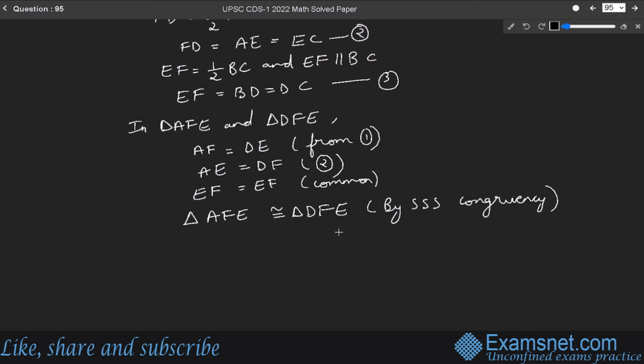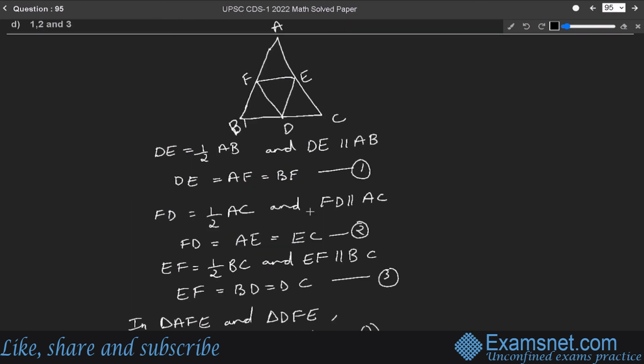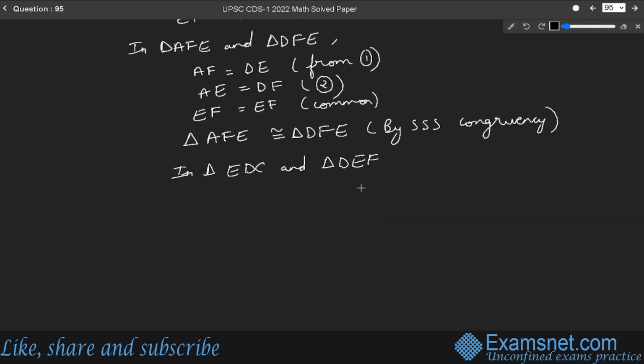Now let us look at the other triangles, triangle EDC and triangle DEF. We can say that DE is equal to DE. It is the common side in both the given triangles.